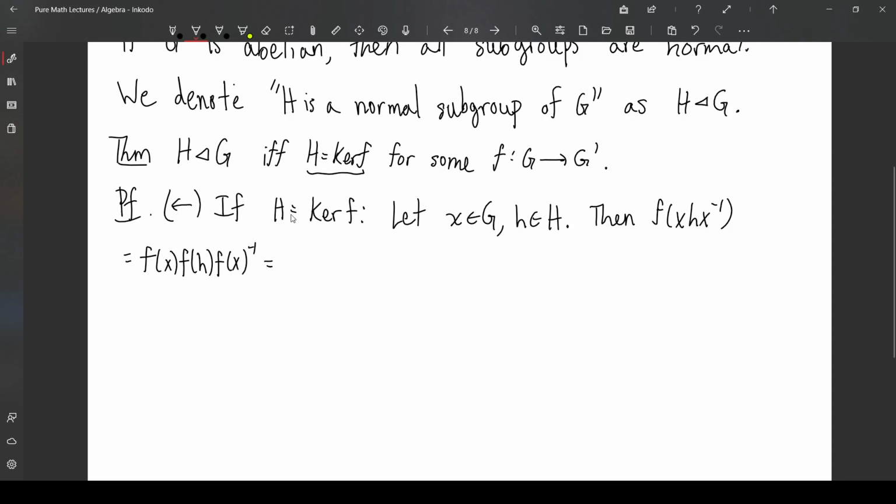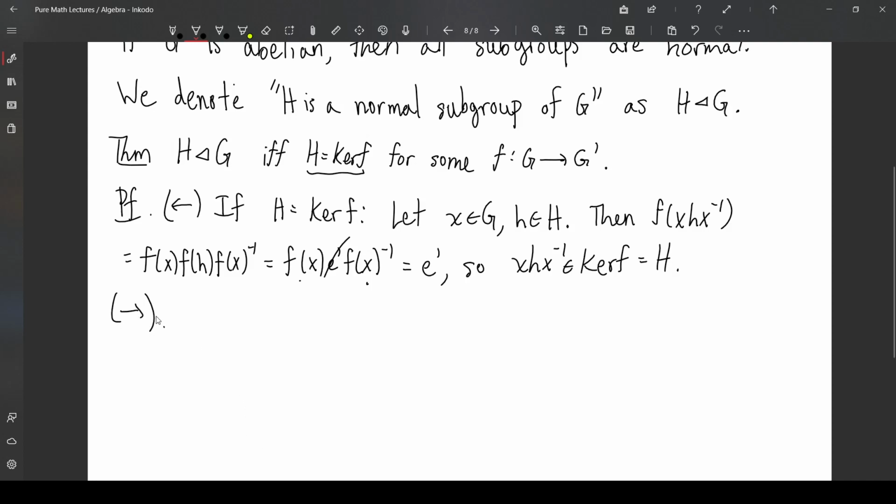Now h is in the kernel of f, so f of h is the identity element, which means we can drop it from this product, and then I have f of x times f of x inverse, which is also equal to the identity element. And so xhx inverse is in the kernel of f, which is equal to H. Okay, so that direction is actually very simple.